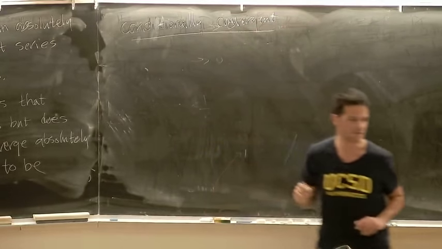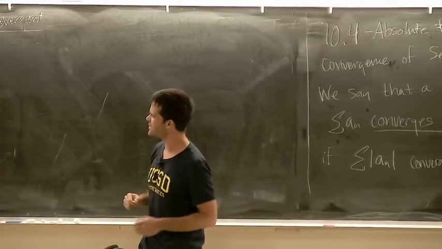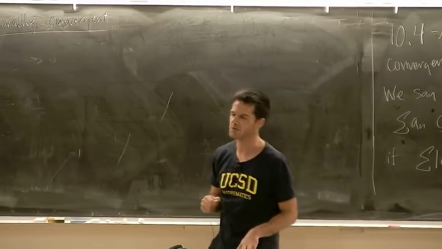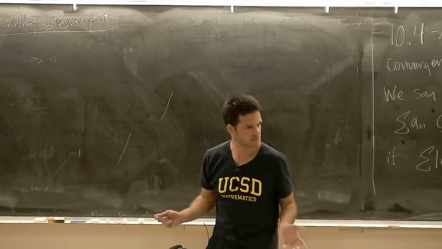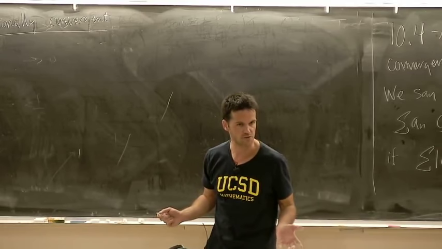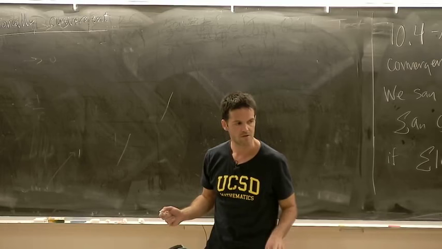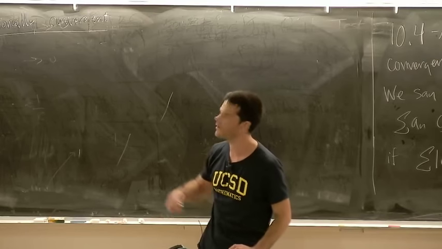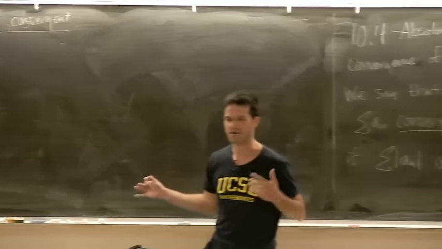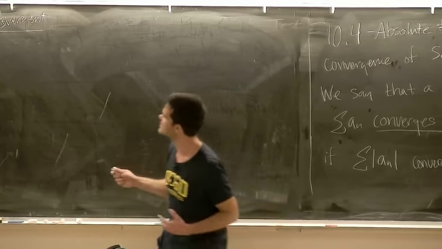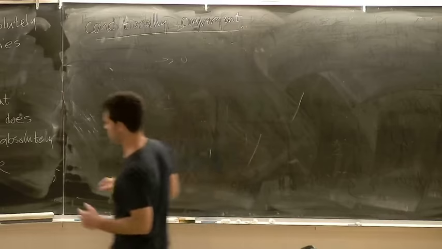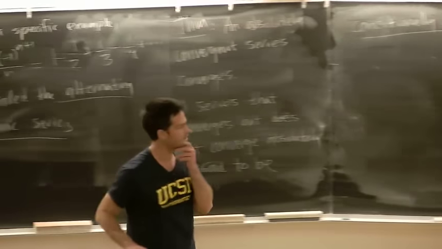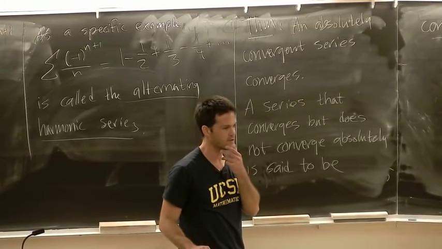So the first thing you should be asking yourself is, do conditionally convergent series even exist? You haven't seen any yet, as far as you know. Or have we? Well, we wouldn't have a word for it if they didn't exist. So they must exist, and here's how I'm going to demonstrate that.